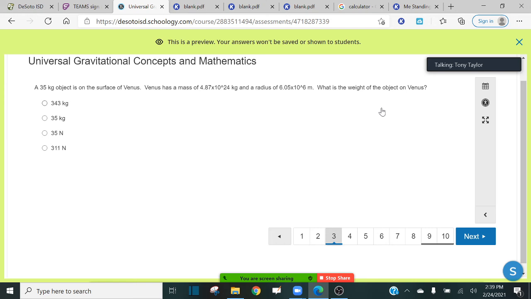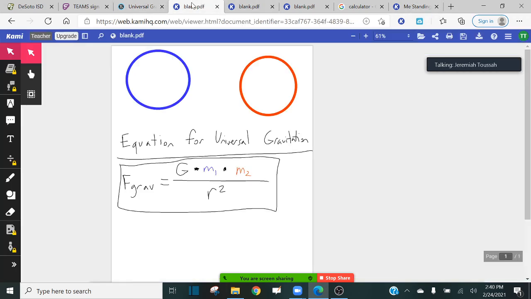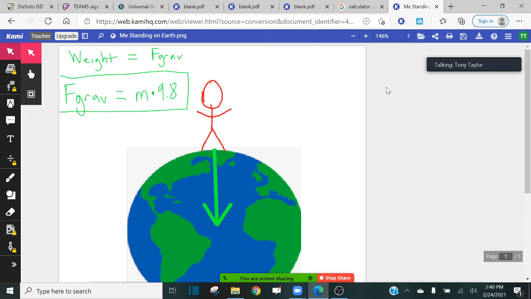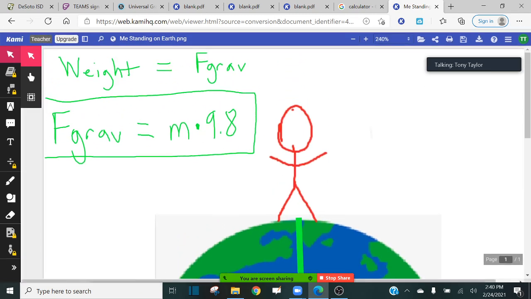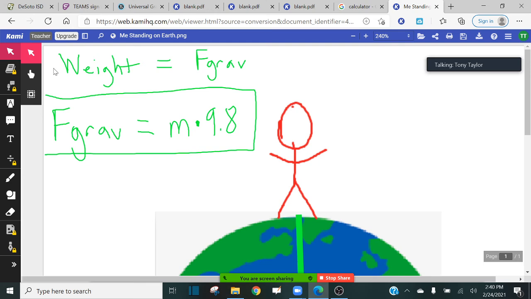So how do we do this one, guys? Are you supposed to use the formula in the second sentence? Yep, you're going to use this formula for force of gravity. I'm going to tell you why. Remember what I said: anytime you're standing on a planet, your weight is equal to the force of gravity acting on you.